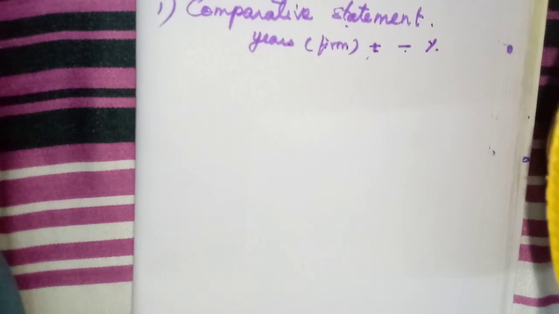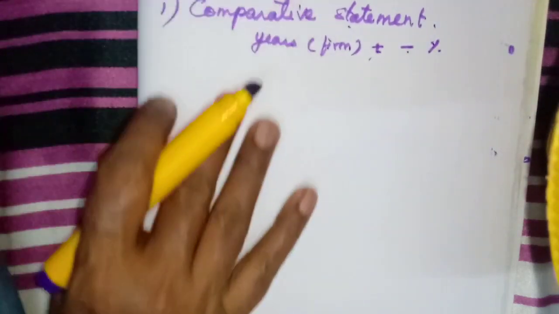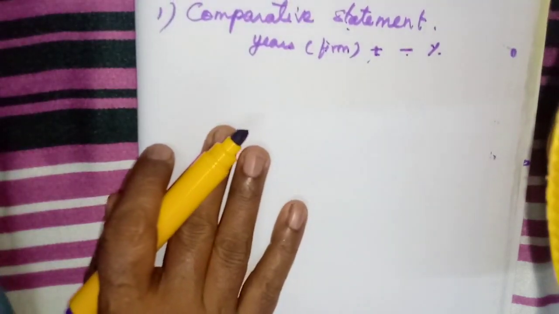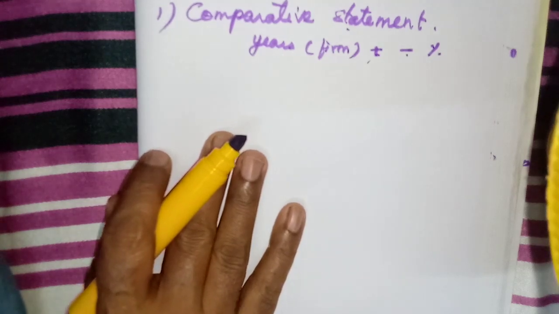Number 1. Turn to page number 286. We will do the problem. I will read it out. From the following particulars, prepare comparative income statement of Arul Limited.